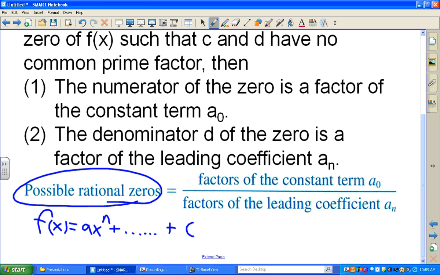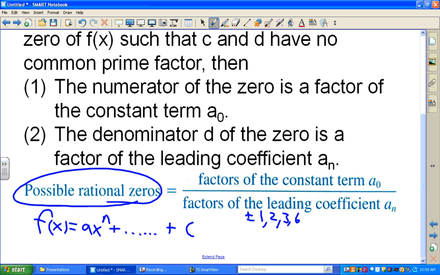If it has a rational number that makes it equal to 0, it has to be all the factors of the constant, divided by the factors of the leading coefficient. Life is good when a is 1. When a is 6, that means you could have plus or minus 1, 2, 3, or 6 in the denominator. Then all the factors of c in the numerator.